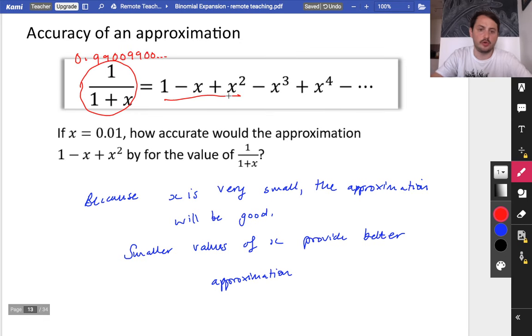And if I substitute 0.01 on the right-hand side, so I'm just going to store it as an answer, 1 minus answer plus answer squared, we get 0.9901. And actually, that's correct to 4 decimal places. So it's a good approximation.